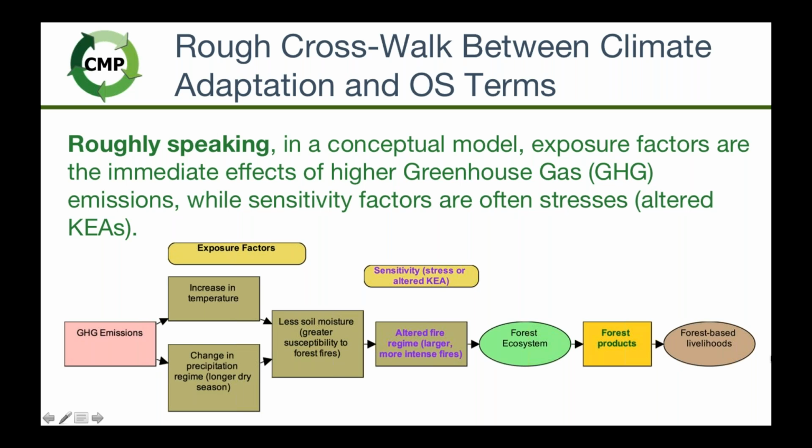So, with this example, you've got greenhouse gas emissions causing an increase in temperature and change in precipitation regime, specifically a longer dry season, which then decreases the soil moisture, so there's greater susceptibility to forest fires, which then contributes to an altered fire regime, so larger, more intense fires, which affects the forest ecosystem and its ability to produce forest products and support forest-based livelihoods.